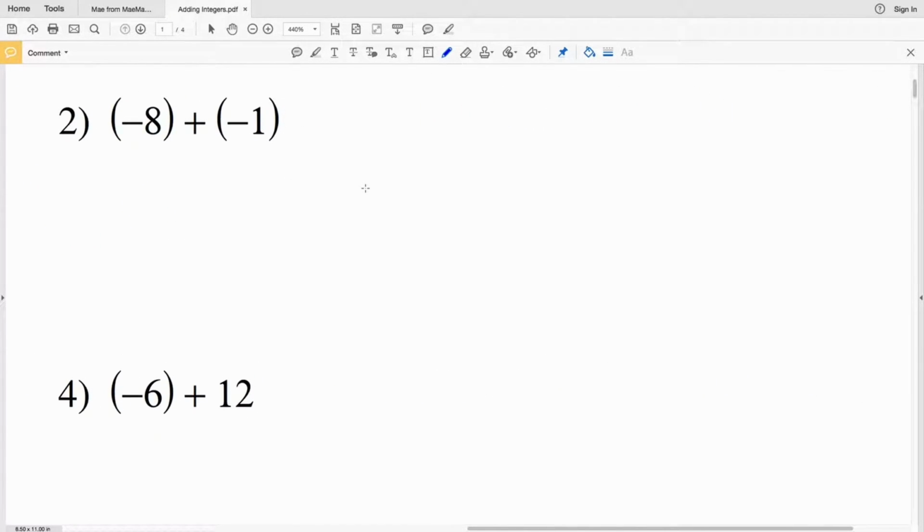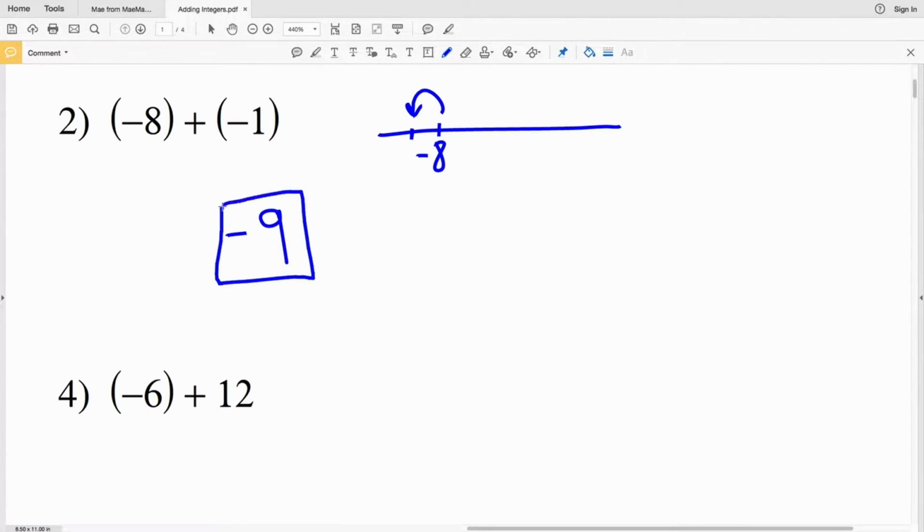At number 2, we have a negative number added to another negative number. So instead of moving to the right, when we add that other negative number, we're going to move to the left. So if we're at -8 on a number line, we're going to move -1, and that's going to land us at -9.